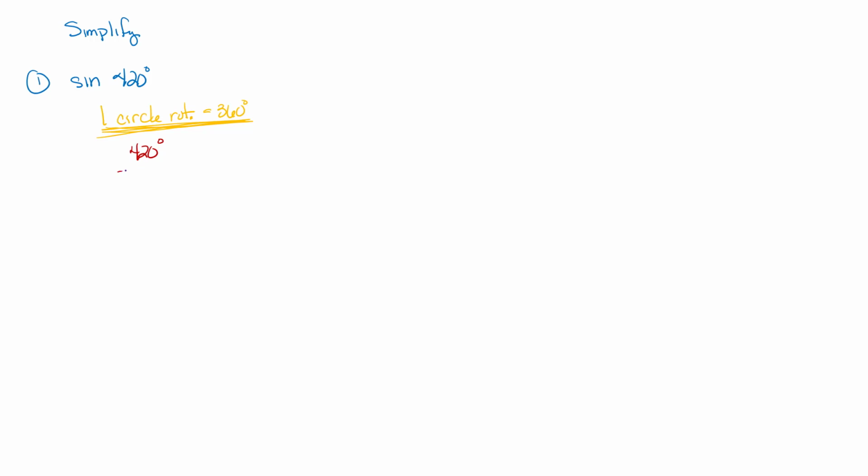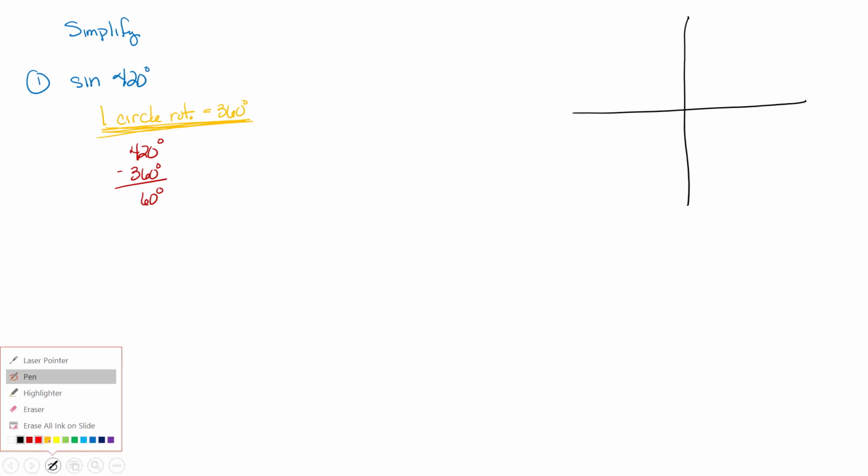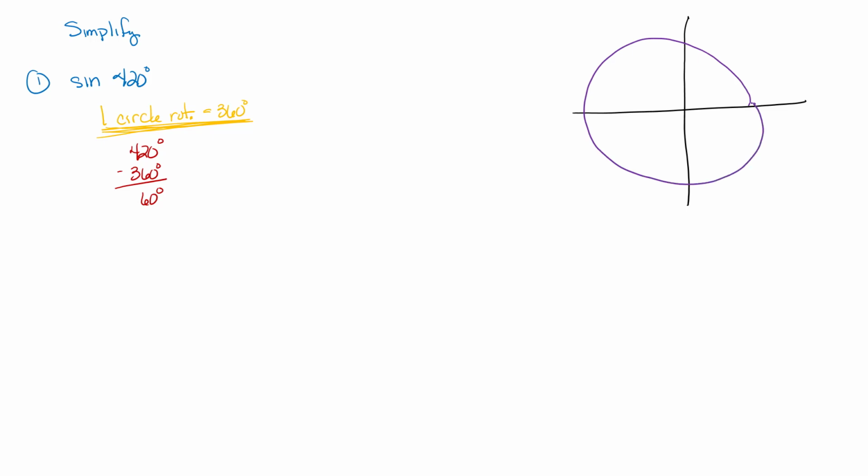If I take 420 degrees and minus that one circle rotation, that leaves me with a 60 degree angle, doesn't it? What you're telling me is this. If I look at my Cartesian system, you're telling me that the 420 degree angle, which is one full rotation and then an additional 60 degrees, is the same as just a 60 degree angle because it ends up in that same spot.